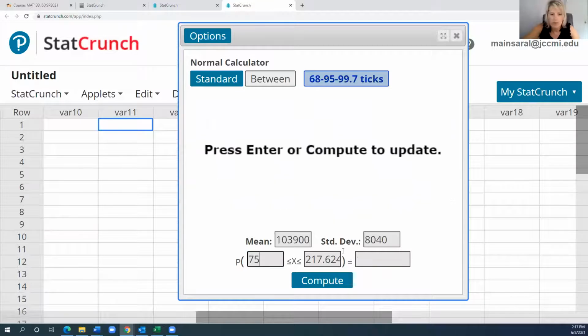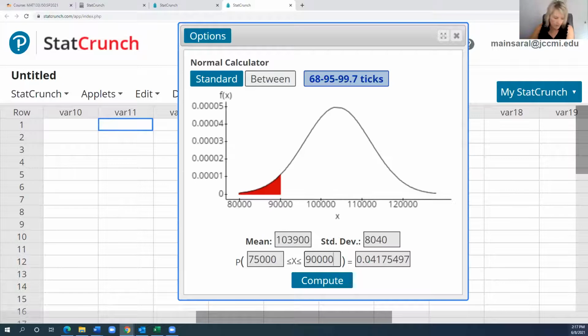We're doing 75,000 and 90,000. And that comes out to be 0.0418.